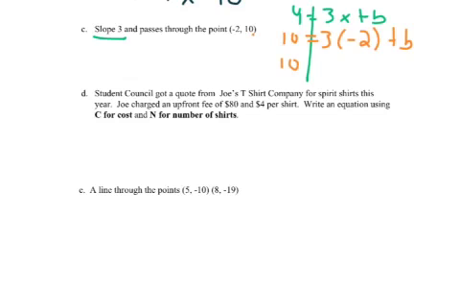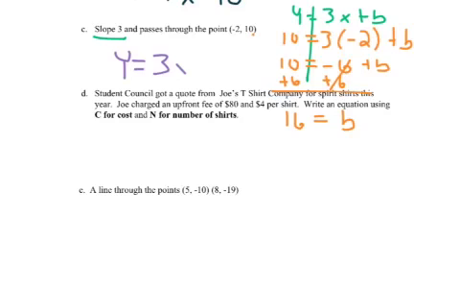So I would have 10 equals 3 times negative 2 is negative 6, plus b. And to get b by itself, the opposite of subtracting 6 would be adding 6. Those cancel, so I'm left with 16 equals b. So overall, my full equation would be y equals 3x for my slope. Remember, your slope is always glued to your x, plus 16 for my y-intercept.